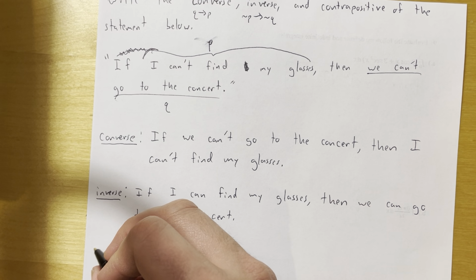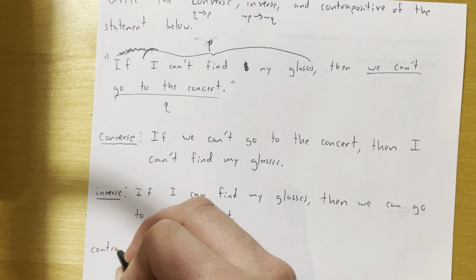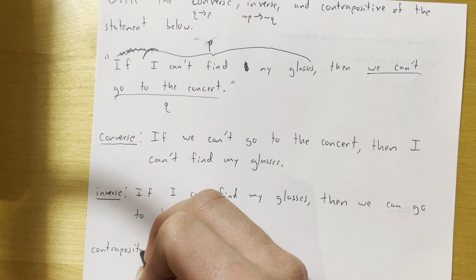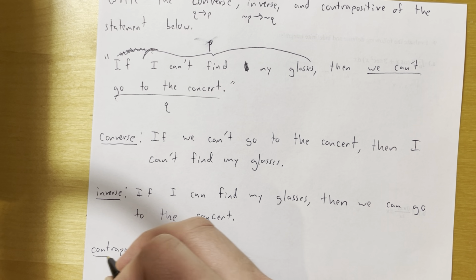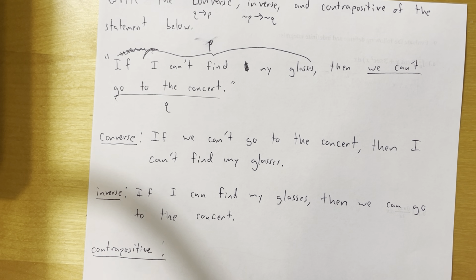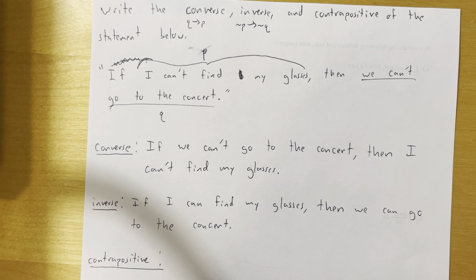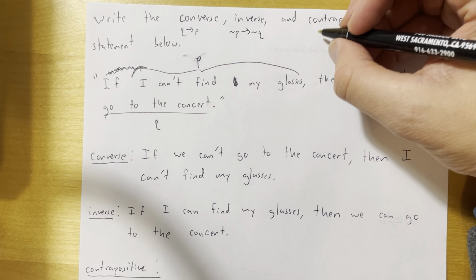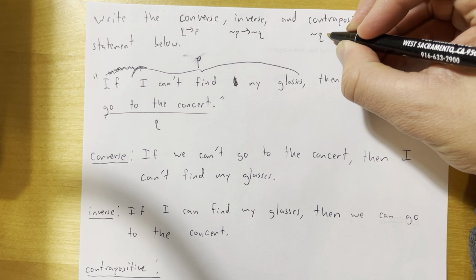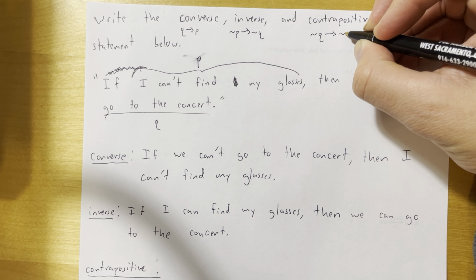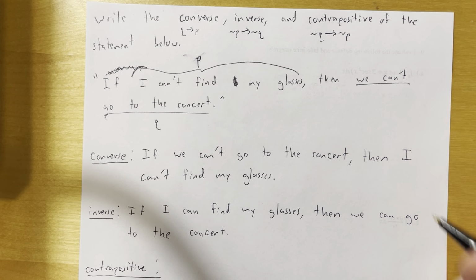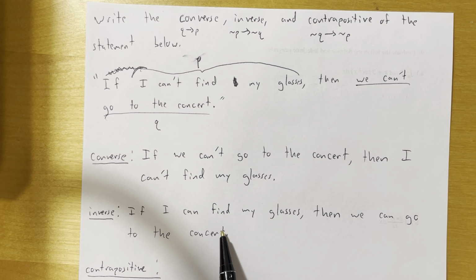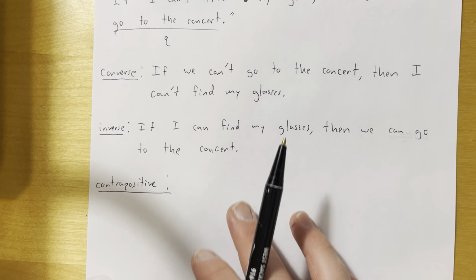Okay? Finally, contrapositive. The contrapositive does basically a combination of the converse and the inverse. It switches P and Q, but then it also negates them. So it becomes not Q implies not P. So in this case, we just found what the negation of those two statements look like in order to do the inverse.